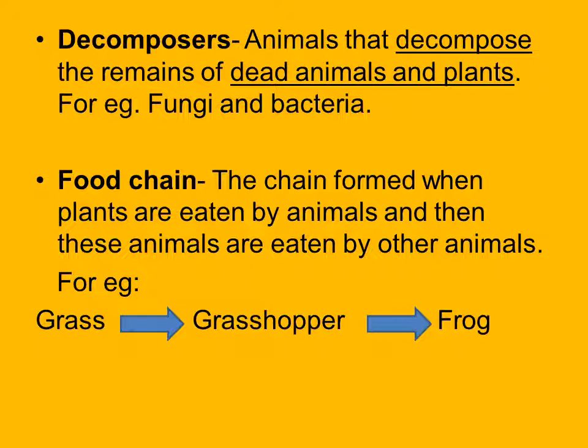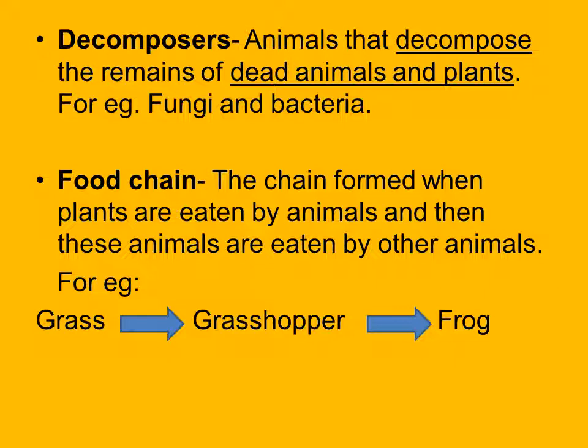They break down the complex dead animals and plants into simpler things by decaying them. That is what is known as decomposing. So decomposers act on the remains of dead plants and animals. Example, fungi and bacteria. They both are present in the soil and they decompose these dead animals and plants. So these are the two examples of decomposers.